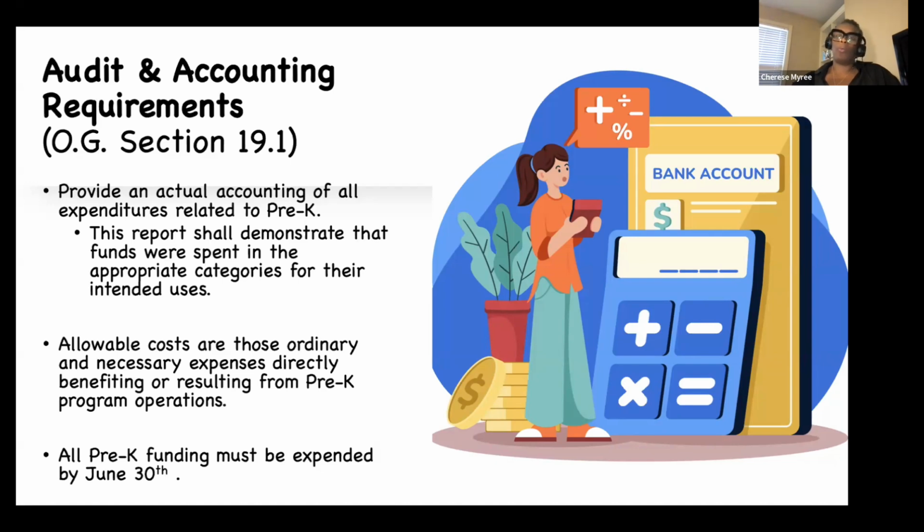Allowable costs are what funds can be spent on. Allowable costs are defined as costs that are ordinary and necessary directly benefiting pre-K, and all the funding must be expended by June 30th. What does the word expended mean? That means it needs to have left your bank account by June 30th. So all funding must be spent by June 30th.